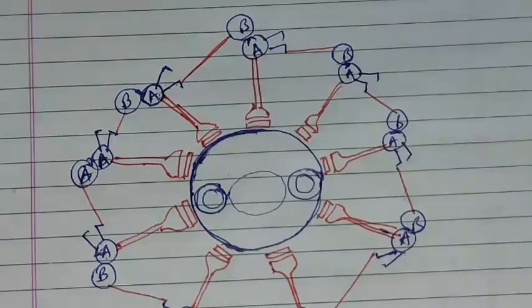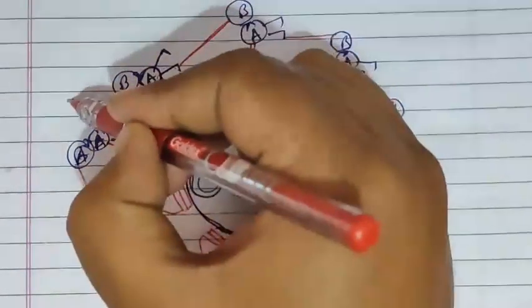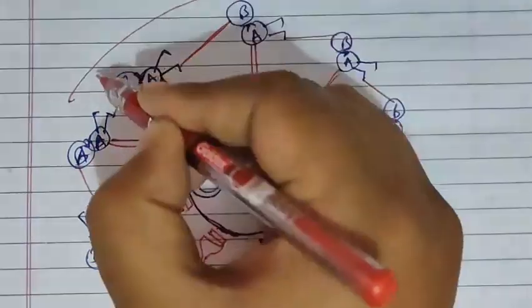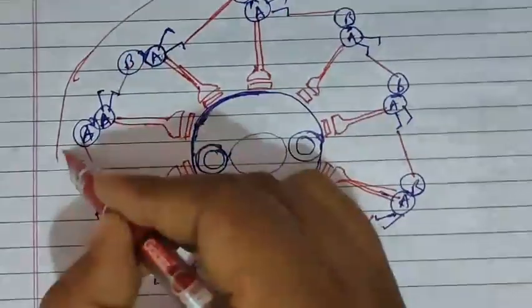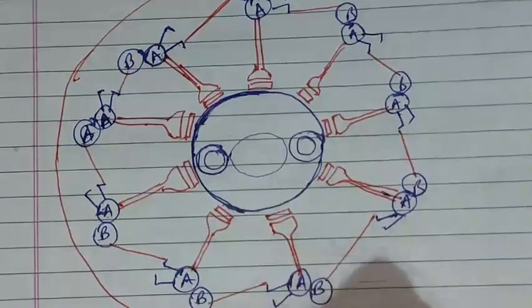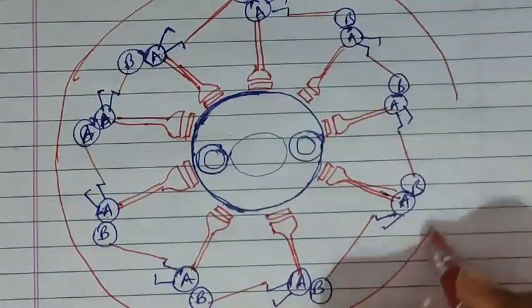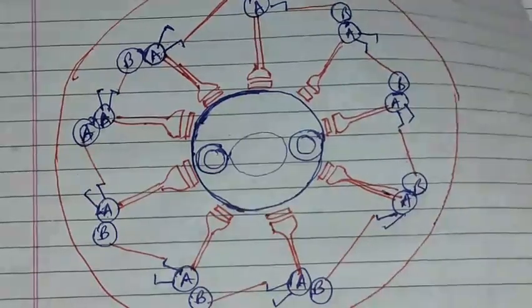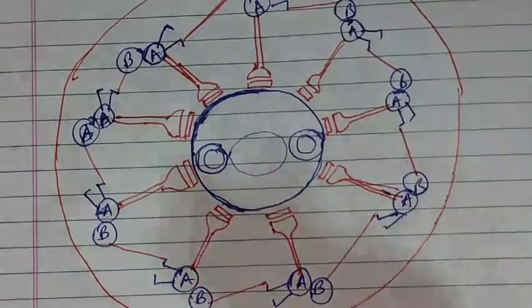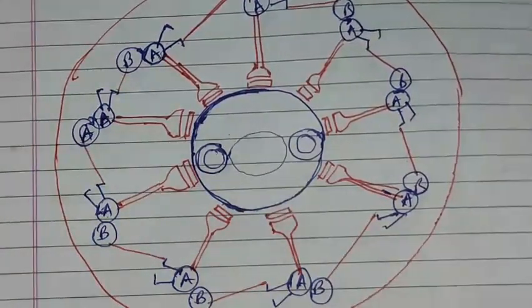In such a way they are arranged. And this is membrane bound, so over the complete structure of cilia, or in a cross section, you'll find this membrane. Okay, so this is the structural part.